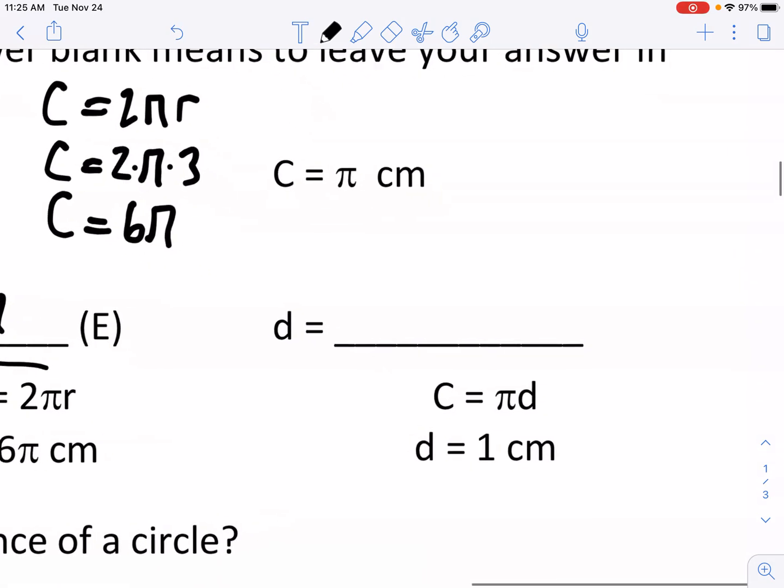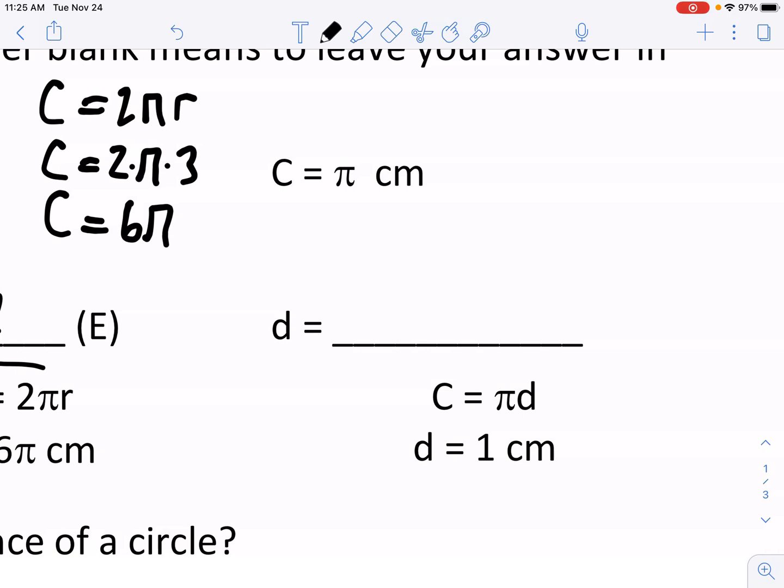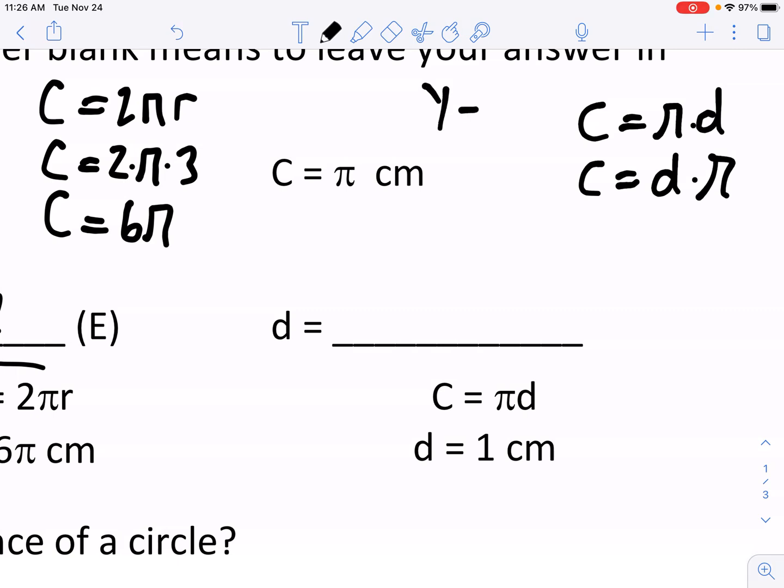Now this one says if we have c equals pi, can we tell the diameter? Remember, the equation is pi times diameter, or another way we can think of it is diameter times pi. If there's nothing written in front of pi, we have to have a diameter. This is kind of like a variable. Remember when we have something like y equals x? We always treat the number in front of x, if we don't see it, like a 1.